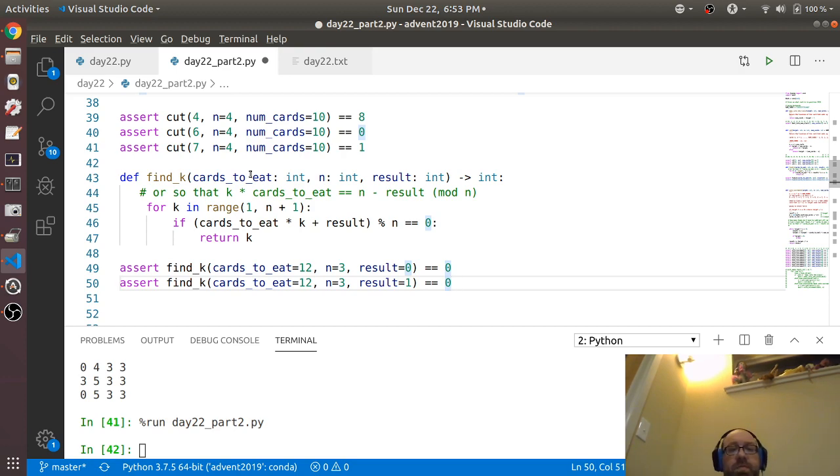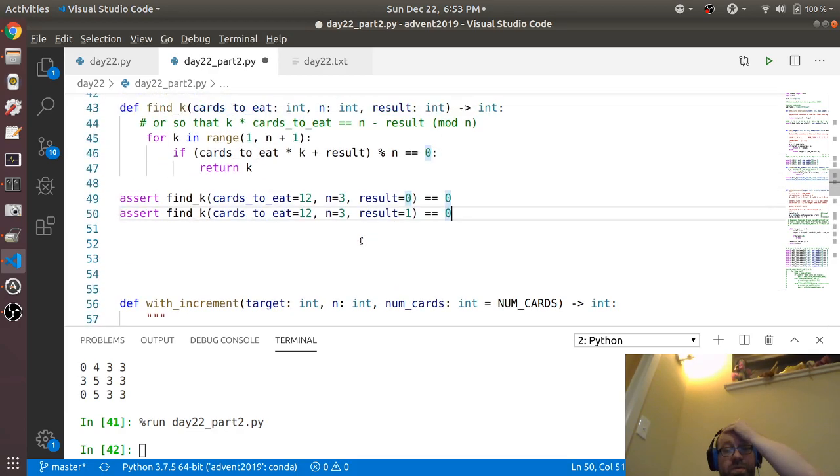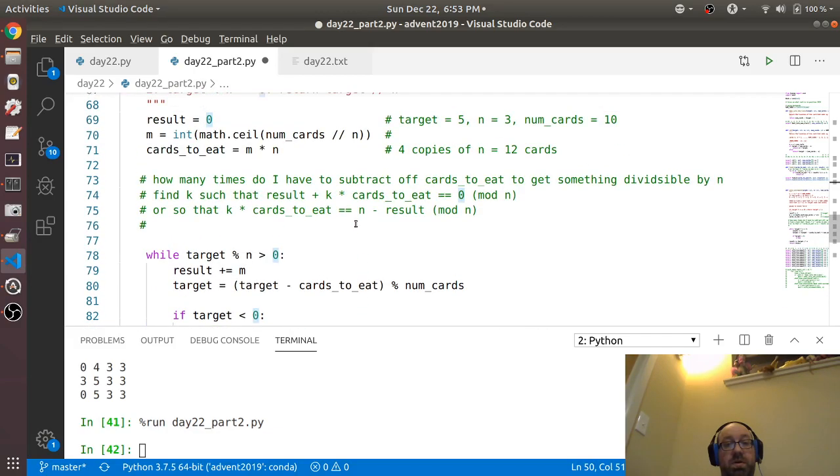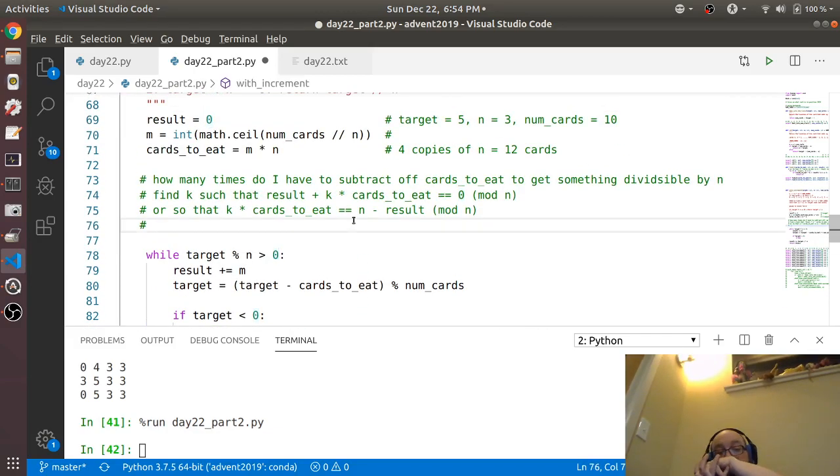That's never going to work because cards to eat is a multiple of n. So of course this is never going to work. So I'm being stupid. So let's think about this harder. How many times do I have to subtract off cards to eat to get something divisible by n? But cards to eat is divisible by n.